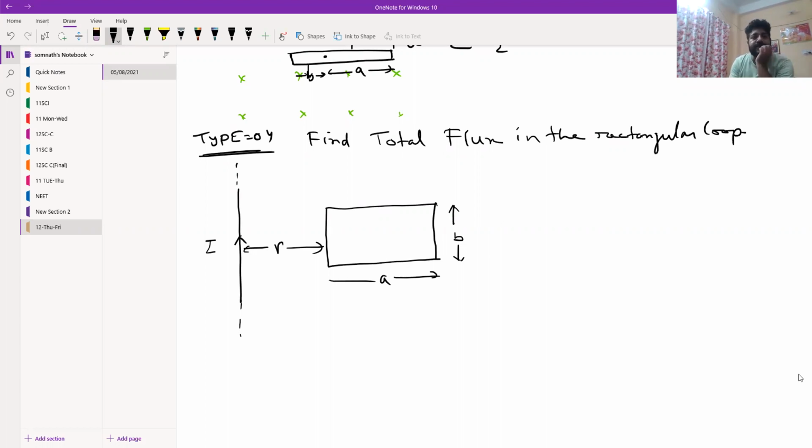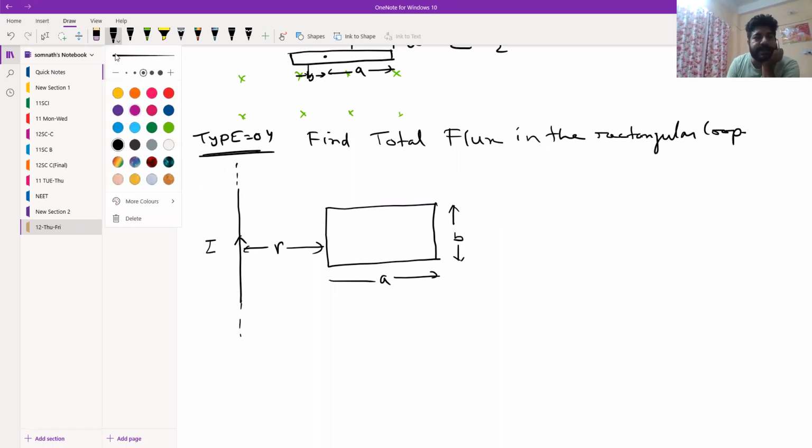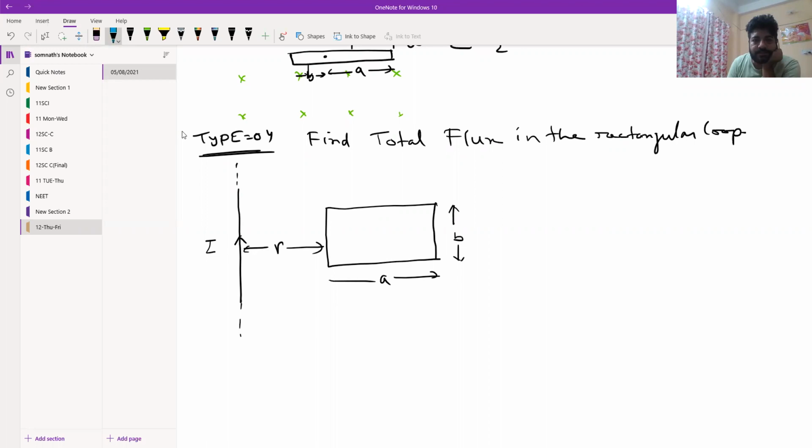In this type of situation, first of all we have to imagine an elementary part. Let the thickness be dx, at a distance x from the current carrying wire.